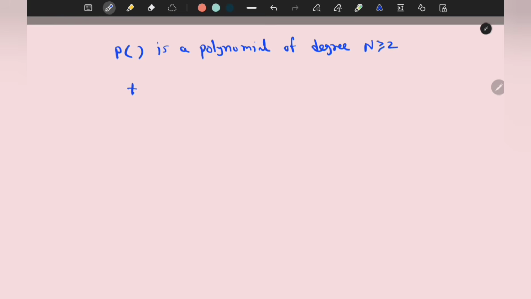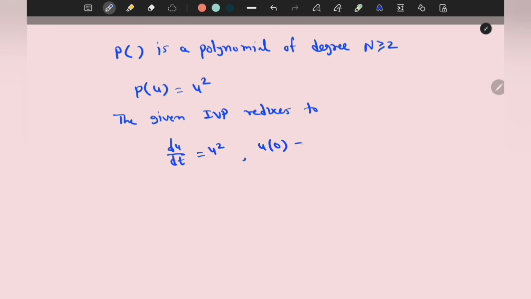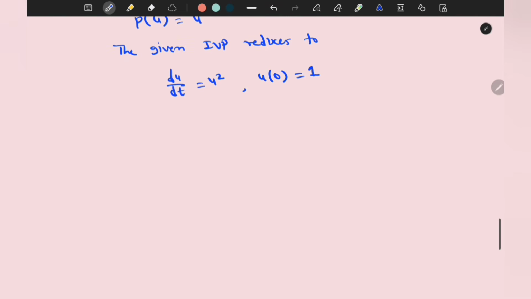So we can take the polynomial p(u) = u square, which is a polynomial of degree exactly 2. The given initial value problem reduces to du/dt = u square subject to the initial condition u(0) = 1.